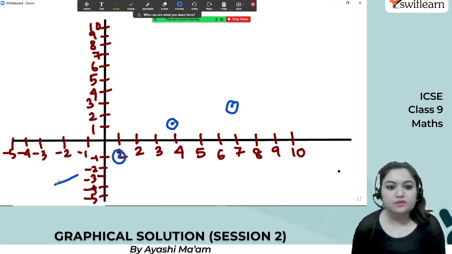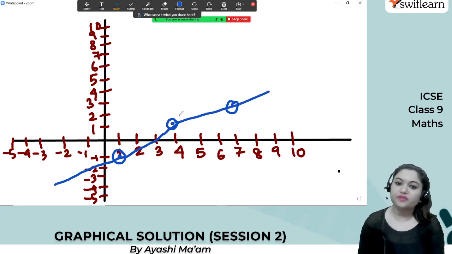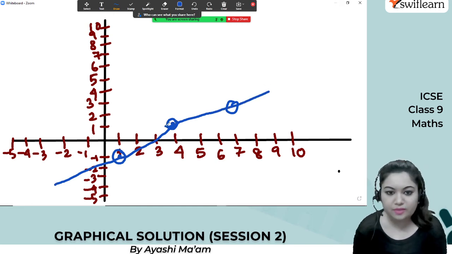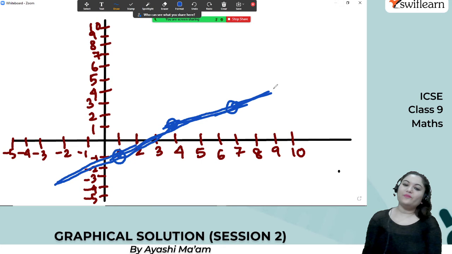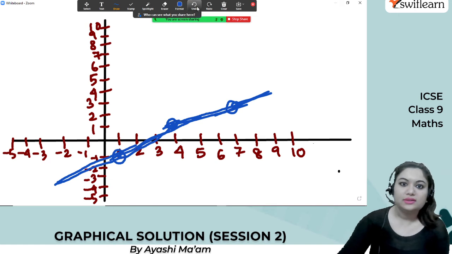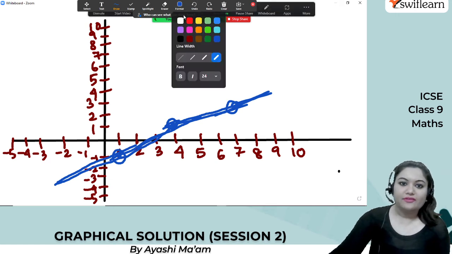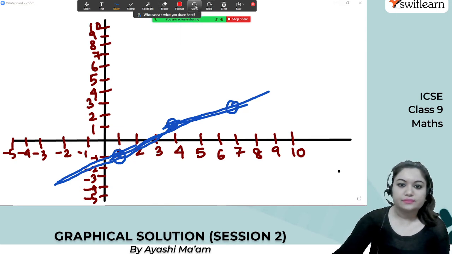Now what you will do, simply join. So I am doing it with free hands. Please don't do it with your free hands, otherwise it will become like this. Basically you will get a straight line. Please do it with your scale, because mine is not looking good at all. Anyway, I hope that you have understood, right? Let me see if I can do it neatly.